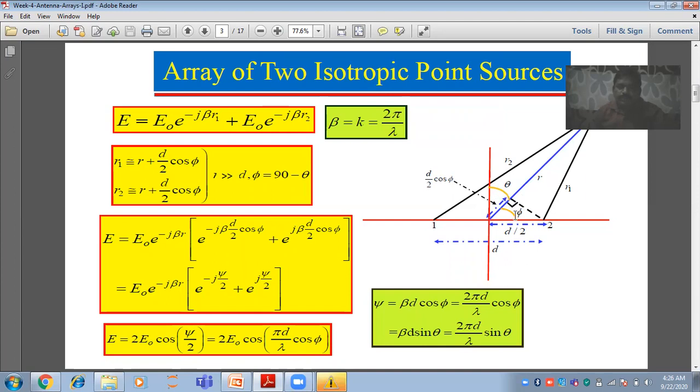So this phi will be equal to 90 minus theta, because this theta will be equal to this angle. Therefore, this angle can be written as phi equal to 90 minus theta.